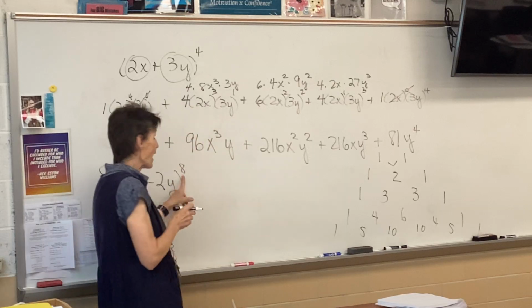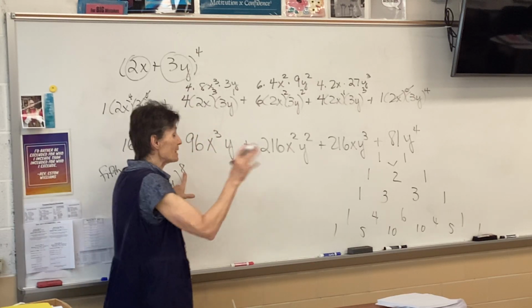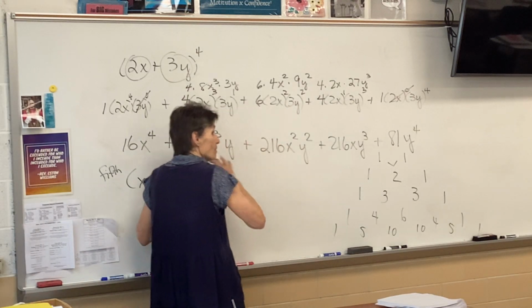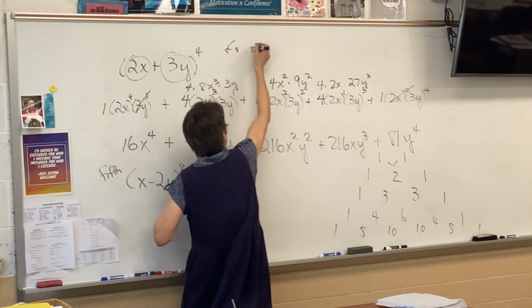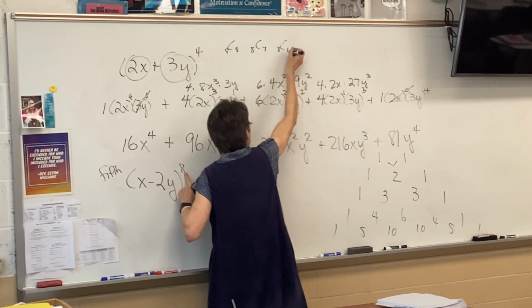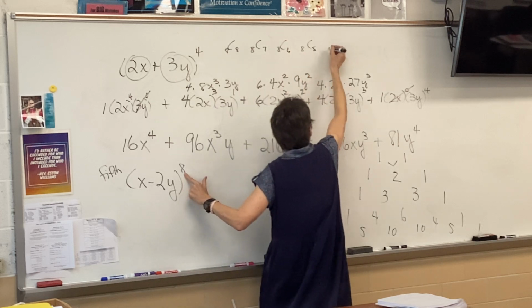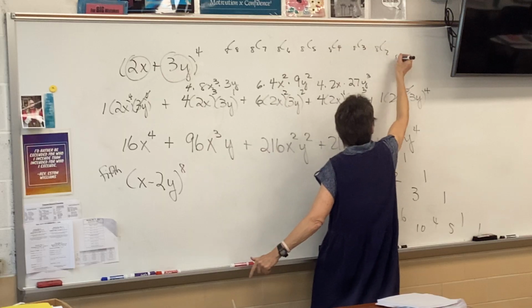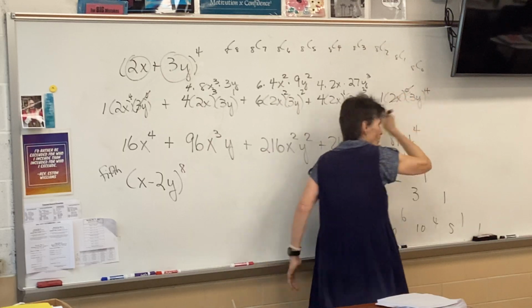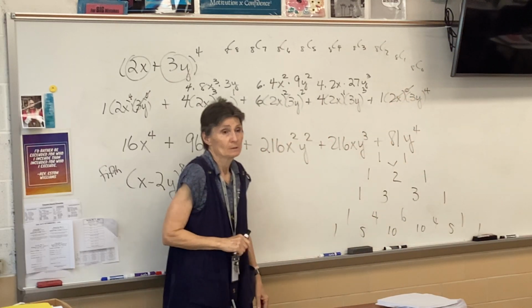So the 8th row will be 8C8, 8C7, 8C6, 8C5, 8C4, 8C3, 8C2, 8C1, 8C0.